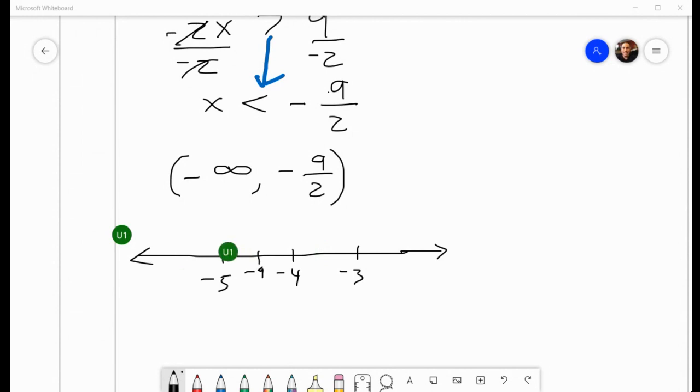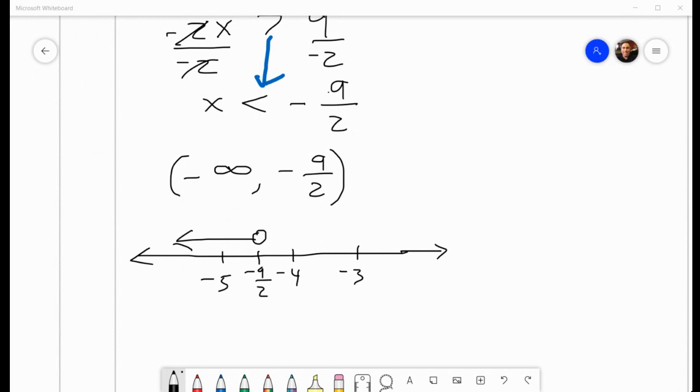So we have negative 9 over 2, okay? I'm going to put an open circle above it, because we're not including that. We have strict inequality, and the arrow is going to point to the left, like so. Okay? So that is what we get there. Good.